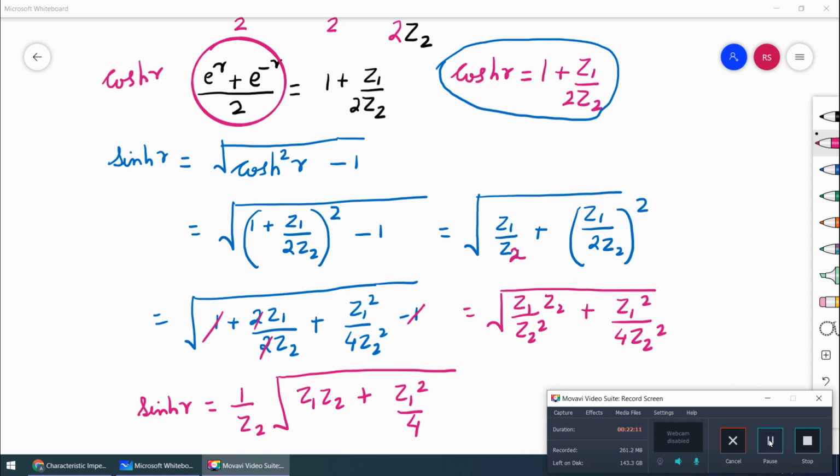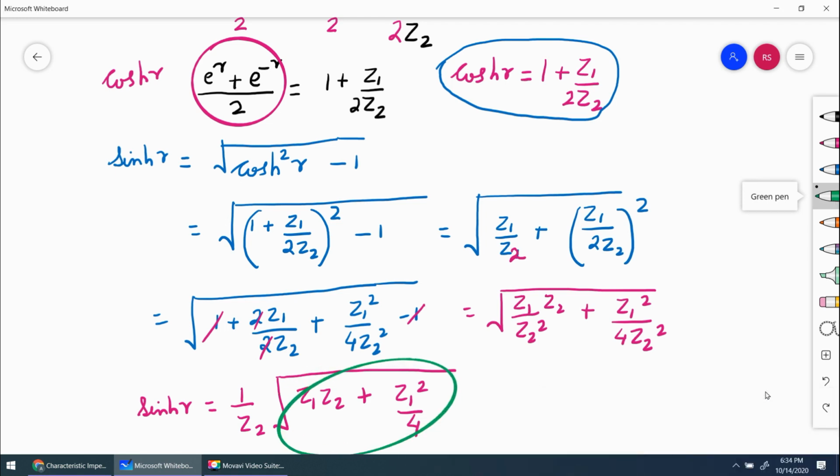And what is this? This is equal to ZOT. Okay, ZOT by Z2. So I can write sine of hyperbolic gamma is equal to ZOT by Z2.